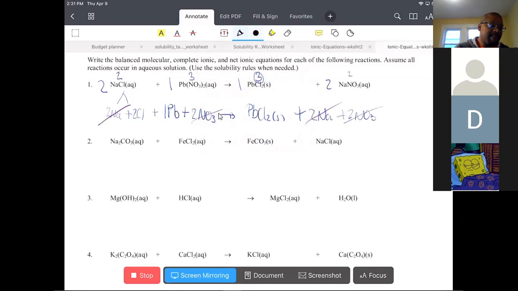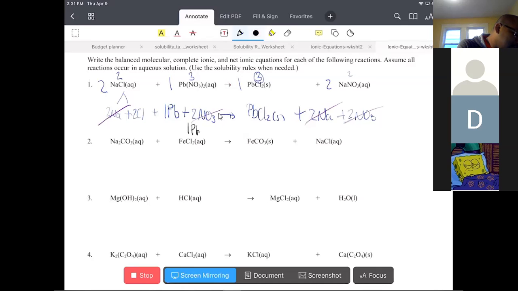And then we're going to bring down everything into our net ionic equation. I always like to do the same order that's on the solid part, but you don't have to. You could put the 2Cl first if you want, but I always rearrange it.